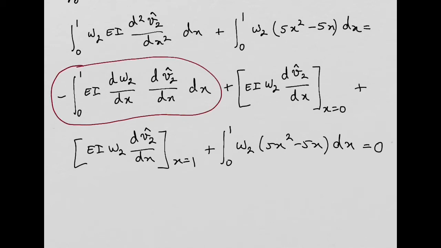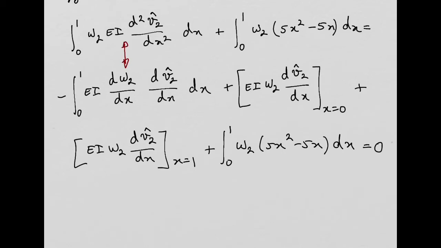So as you can see here, this step from here to here, what happened was I don't have this second derivative anymore, so it was transformed into this first derivative. And then the weighting function here, now here I'm going to have the derivative of the weighting function. Okay? So this comes from the integration by parts.